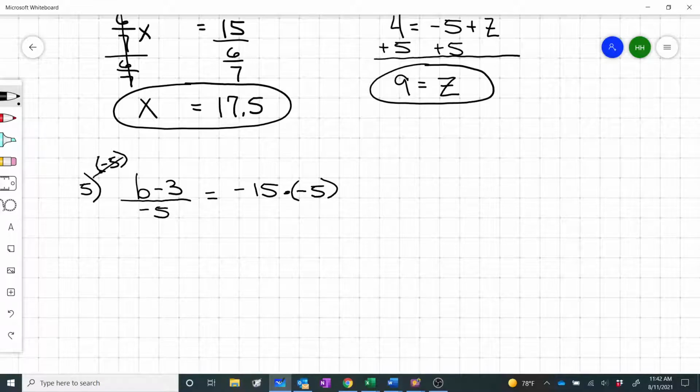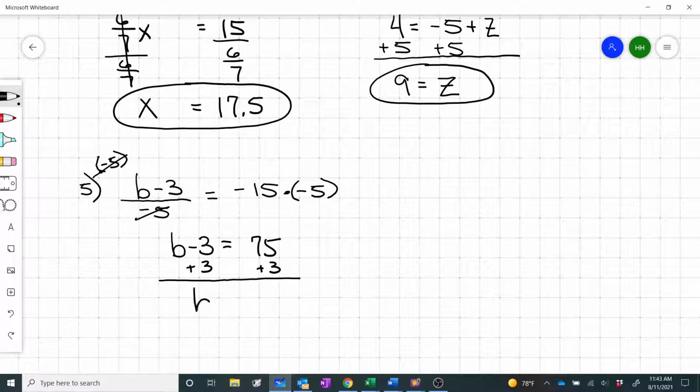And these negative 5's cancel out. So on the left, you just got the b minus 3. Negative 15 times negative 5, negative times negative is a positive, and 15 times 5, that's 75. And then you can add 3. So your b is equal to 78.